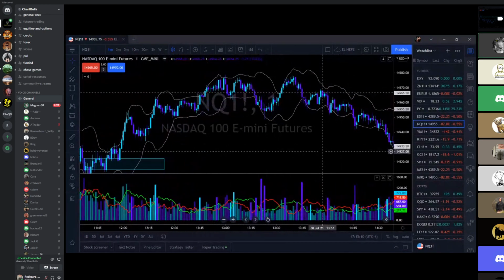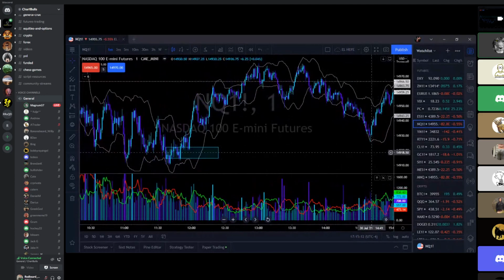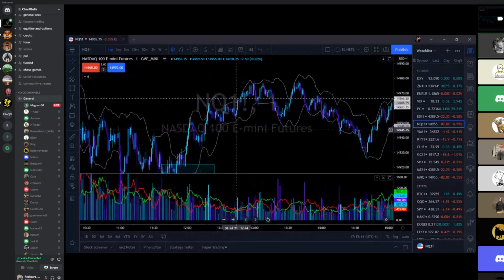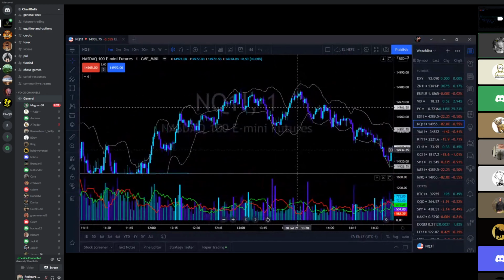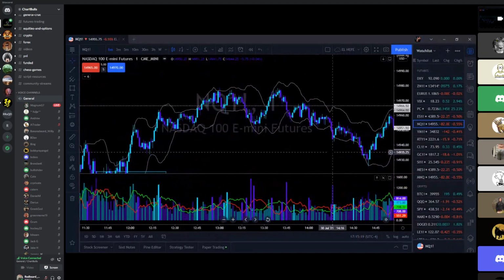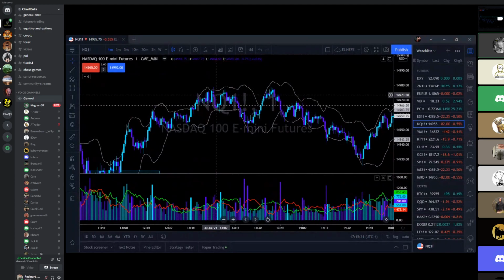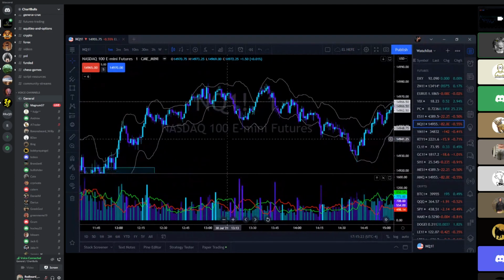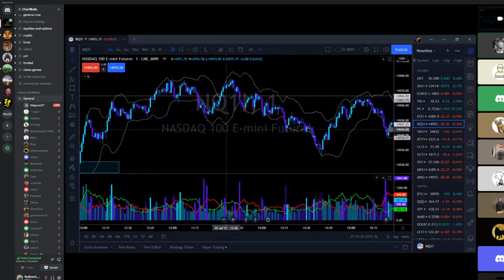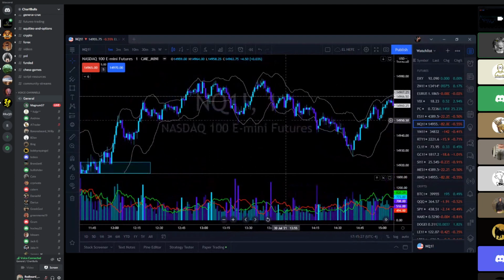But that's just how it works. That's how I use the Bollinger Bands. For instance, if I can identify the move, if I can identify are we in an uptrend or are we in a downtrend, I will 100% buy anything that goes through that Bollinger Band and trade it the other way.